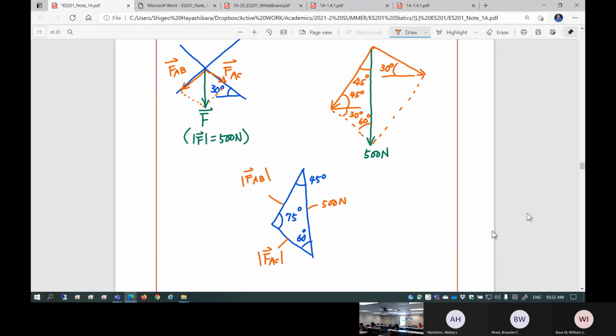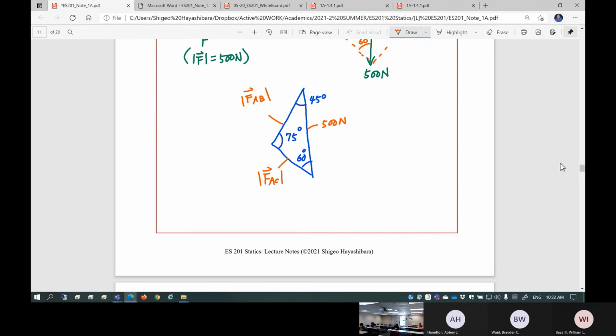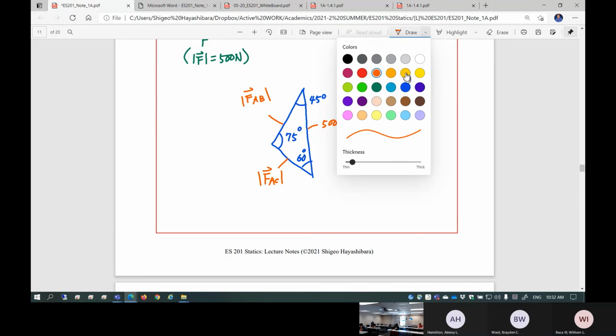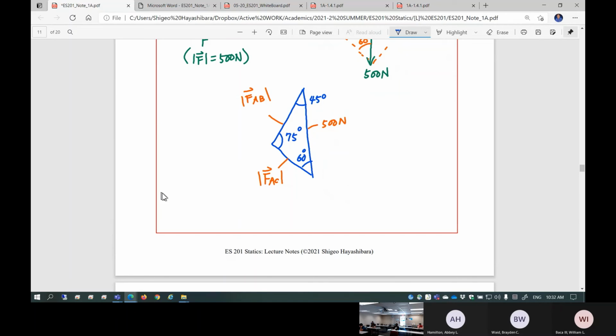All right. Cool. So what kind of thing can you apply now? Sine law, that's right. So let's apply sine law as it is.